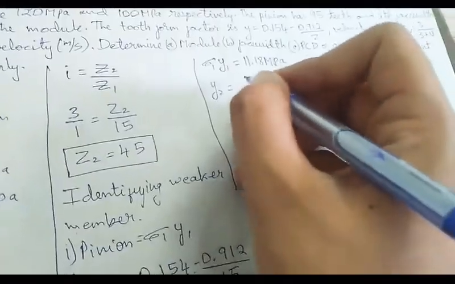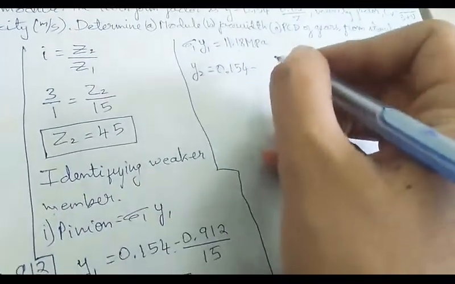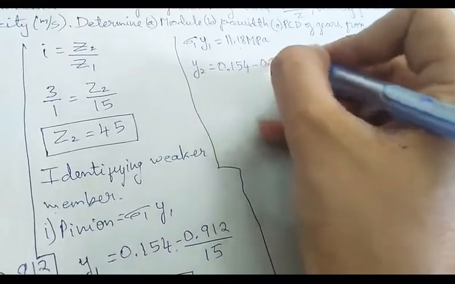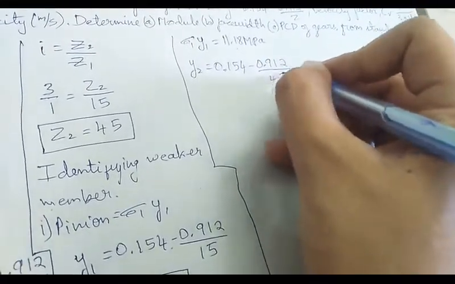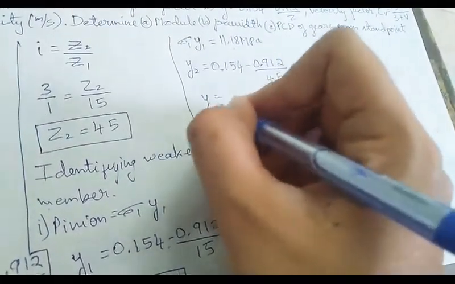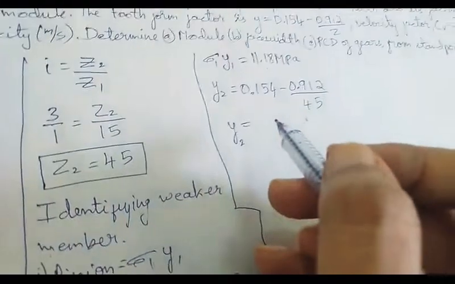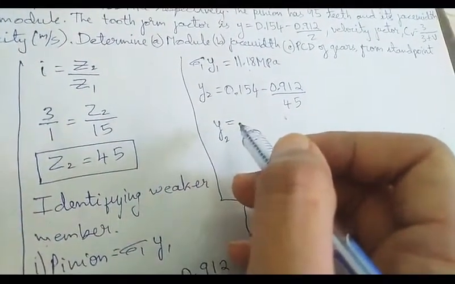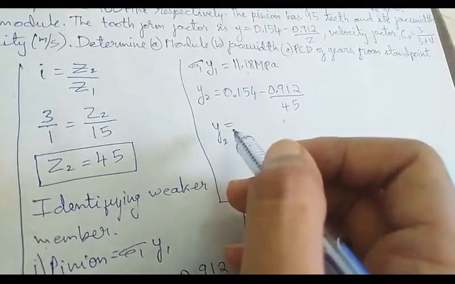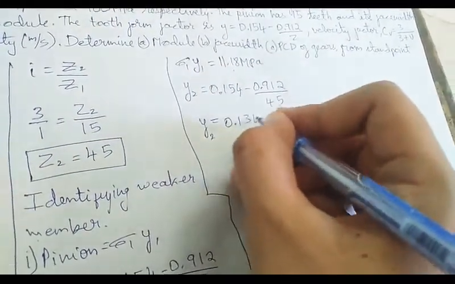Y2 is 0.154 minus 0.912 divided by 45, so the value of y2 I'll get as 0.134.